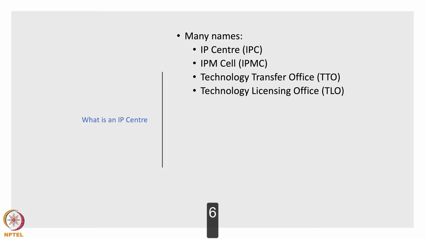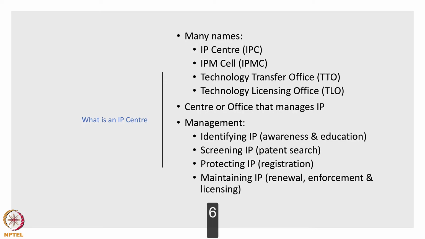So, no matter what you call it, if it does the preliminary functions or the minimum requirements of a center that manages intellectual property, then we can call it an IP center or an IPM cell. In short, it is a center or an office that manages intellectual property.